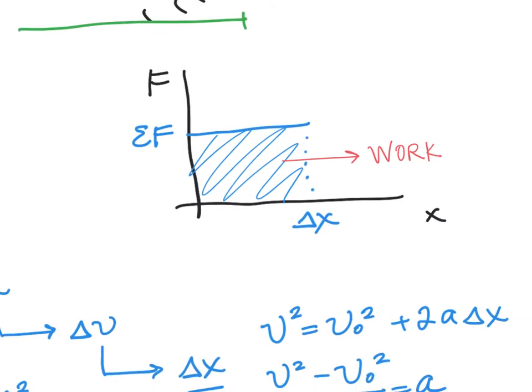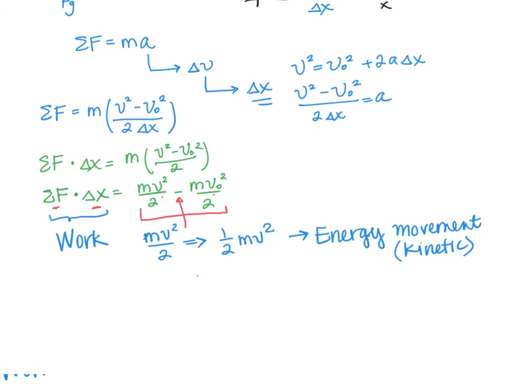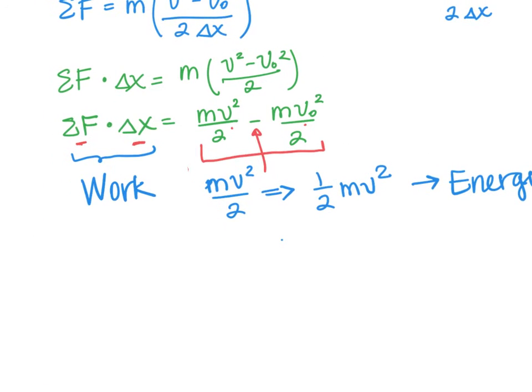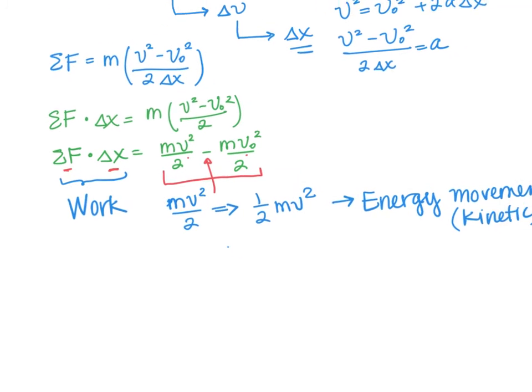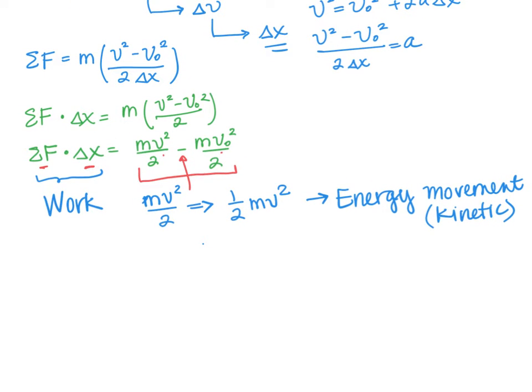And now what does that work represent? What does it mean? Well, looking back down here, if this expression is 1/2 mv squared, which is referred to as my energy due to the motion, then this work is equal to a final energy stored in the motion minus an initial energy stored in the motion, or kinetic energy.